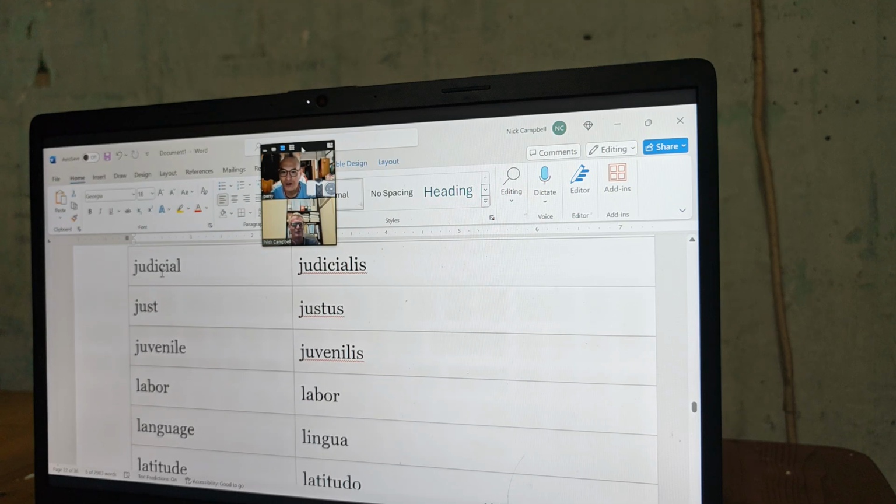Judicial. So quite a lot of words that are to do with the law courts because we got a lot of our ideas about law from the Greeks and the Romans. In fact, the Romans got it from the Greeks because the Greeks were very civilized.